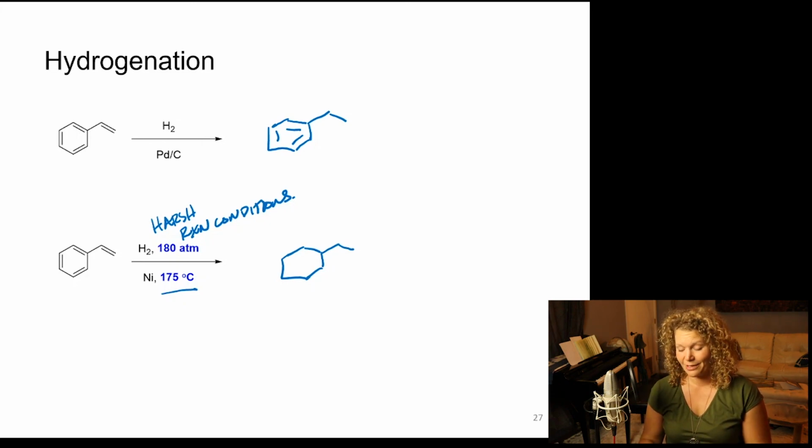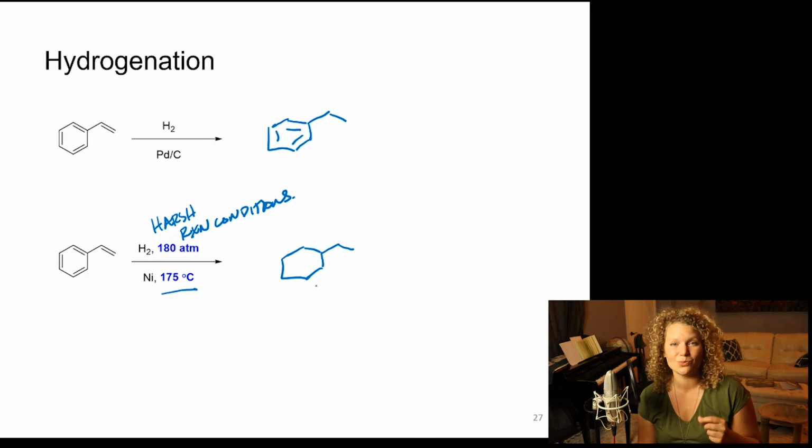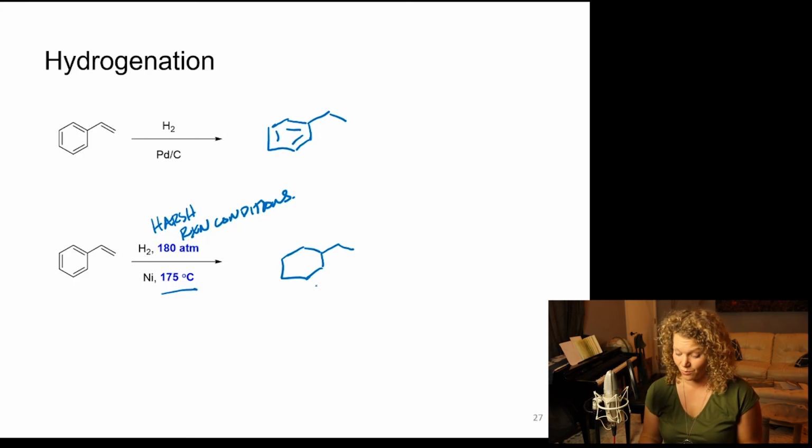Our aromatic ring still has a much higher enthalpy of hydrogenation. However, these harsh reaction conditions can push the hydrogenation reaction to where we get hydrogenation of everything. So these are two additional reactions that I wanted to share with you that round out our discussion of reactions with benzene.